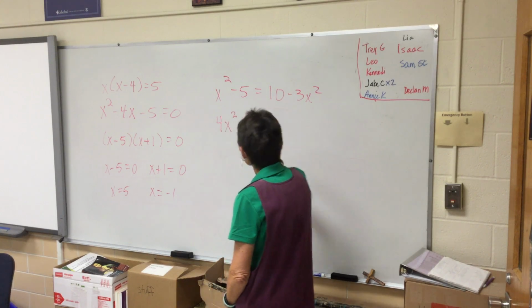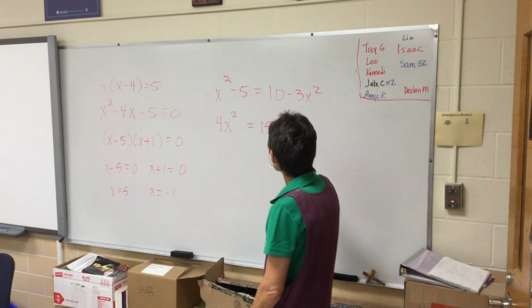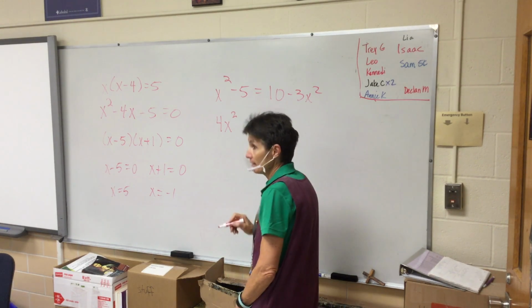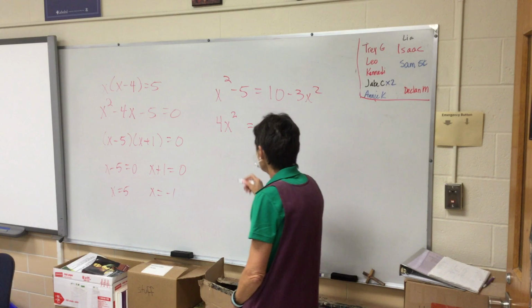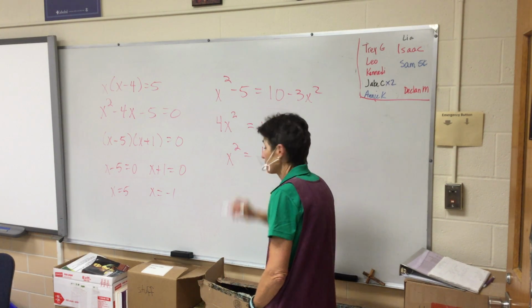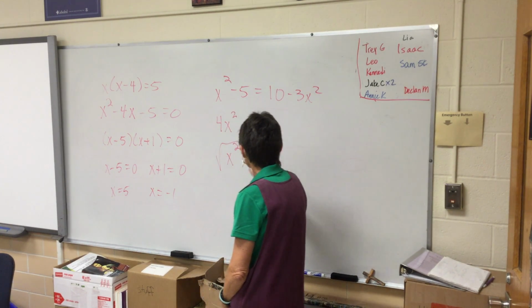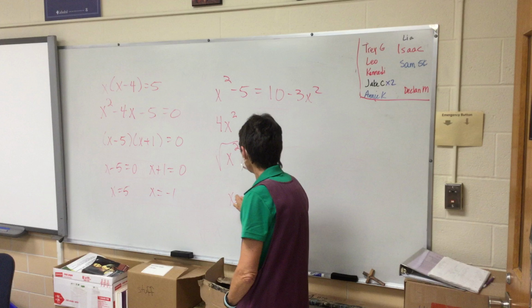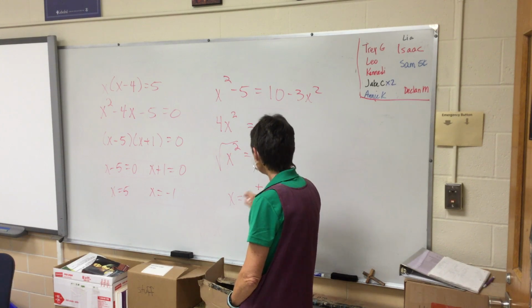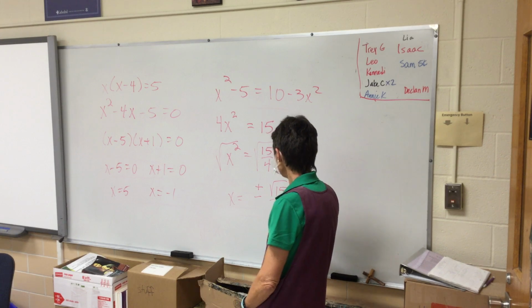You won't get different numbers. You'll get negative 15 equals negative 4x squared. So x squared equals 15 fourths. And then x equals plus or minus the square root of 15 over 2.